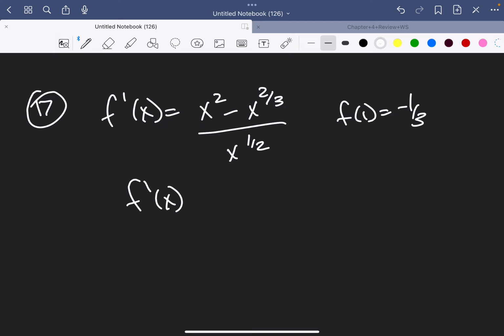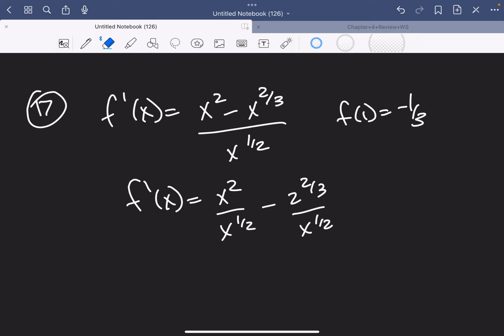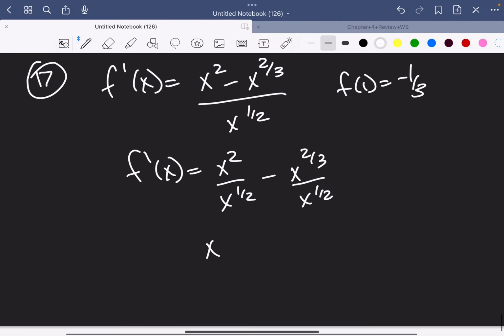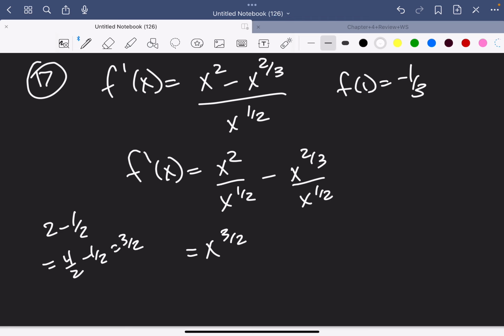Well, before I do anything, I'm going to rewrite that as this over this minus this over this, right? This should be an x, not a 2. But I know that 2 minus 1/2 is 4/2 minus 1/2, which is 3/2. So this is x to the 3/2.